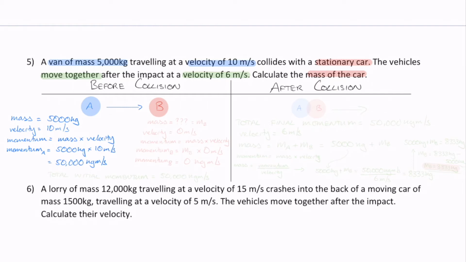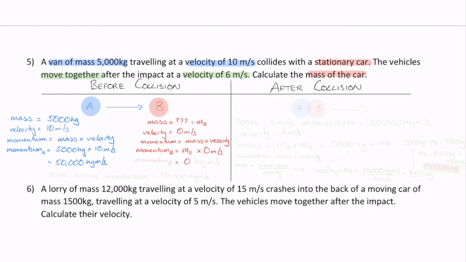Now let's look at body B. The mass of body B is unknown. Let's call that mB. But the velocity of body B is equal to 0 meters per second. As momentum is equal to mass times velocity, the momentum of B is equal to mB, the mass of B, times 0 meters per second.